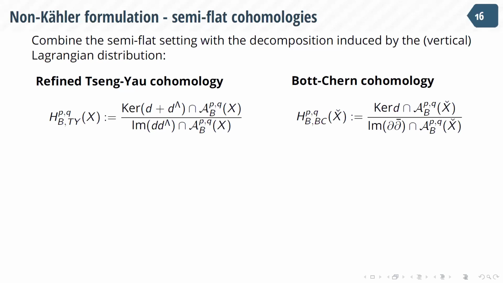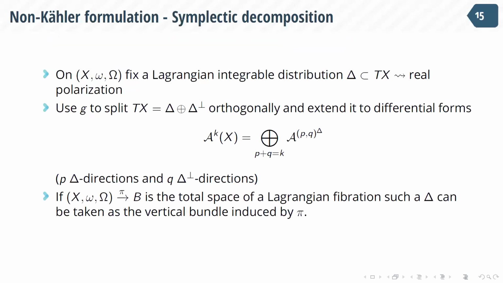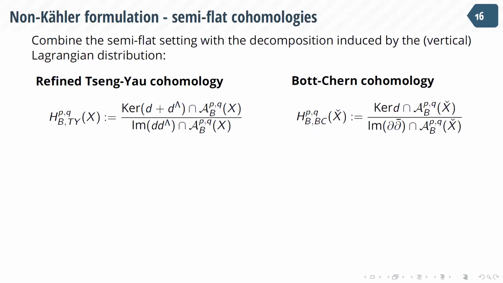In the PQ decomposition, we are using the delta superscript for denoting the distribution, but we are dropping it because it is itself induced by the fibration. So the subscript B tells us that we are taking the vertical distribution for delta.